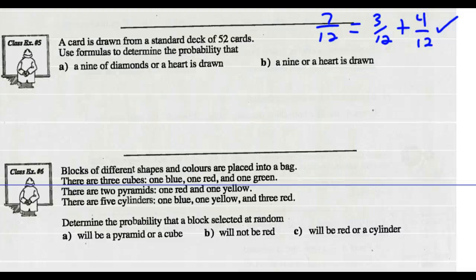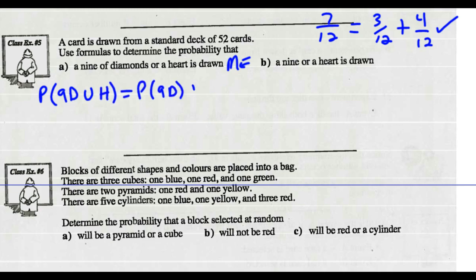No, so these are mutually exclusive events. So let's use the proper formula. Probability of a 9 of diamonds or a heart should be the probability of a 9 of diamonds plus the probability of a heart.